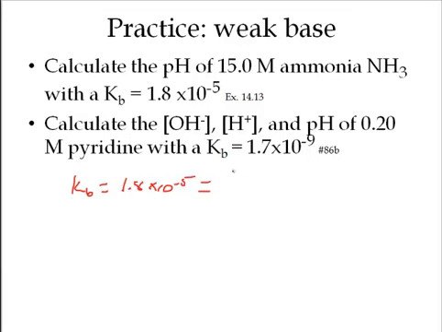And that is going to, again, make x squared on the top and 15.0 minus x on the bottom. And again, what are we going to do with this x right here? We're going to make this problem easy for ourselves, and so we're going to ignore it. And then when you solve for that problem, you get 1.6 times 10 to the minus second.